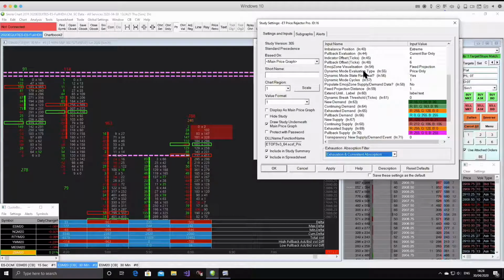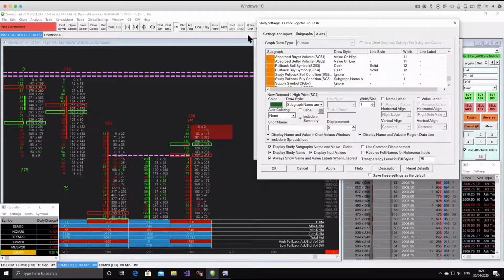I'm not doing any dynamic mode visualization here. So that's the default setting. All I'm doing is a fixed projection. Okay, so to get back on topic, the absorbed buyer volume is being projected as a value on high. So I have the indicator telling me how many contracts are offside, trapped, wrong, potentially, and it's 241.